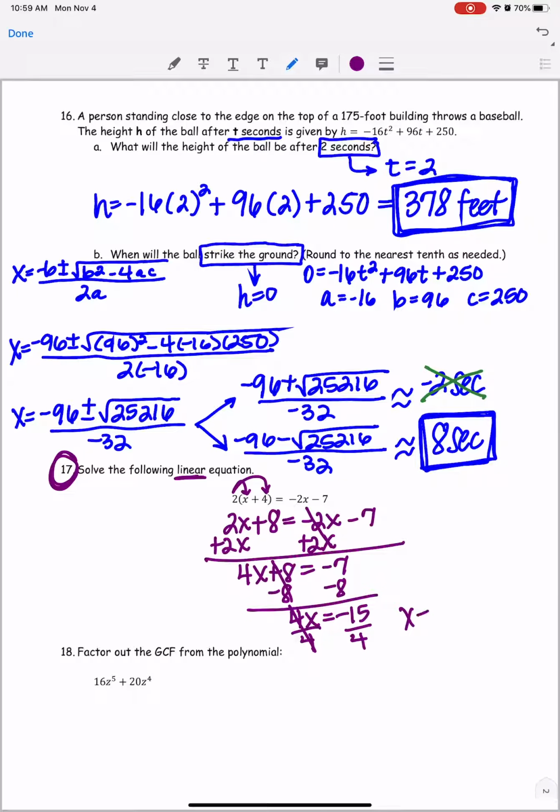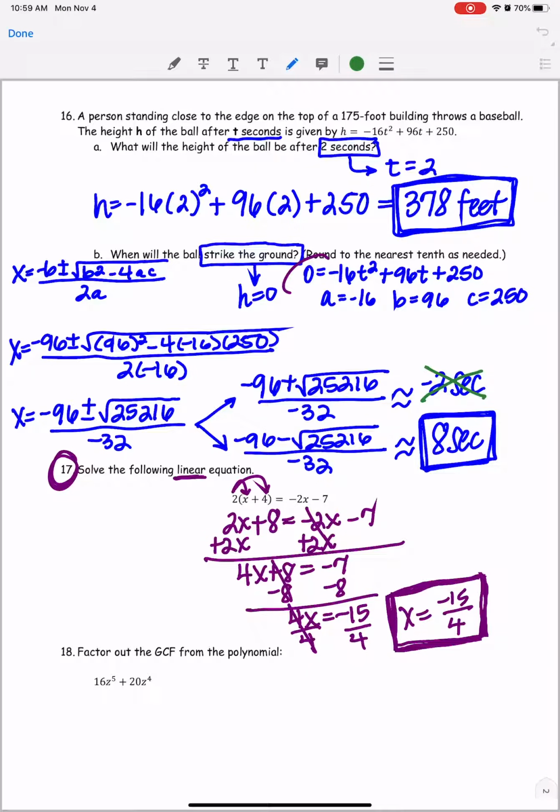So we've got x equals negative 15 over 4. Okay, it's a linear equation, and so that's why we have only one answer. Methods between quadratics and linear are opposite. You want to get your x on one side, your number on the other. With your quadratic, you want it to equal 0. Okay, so different things.